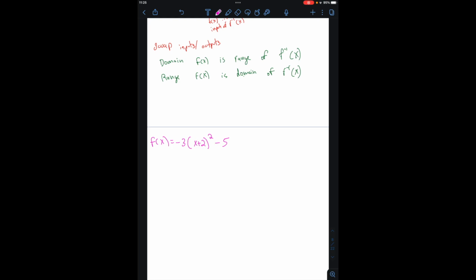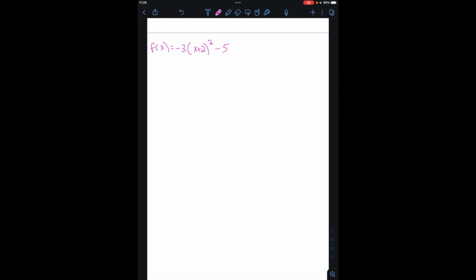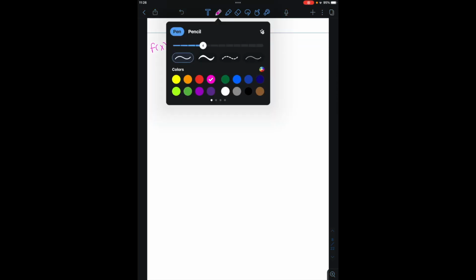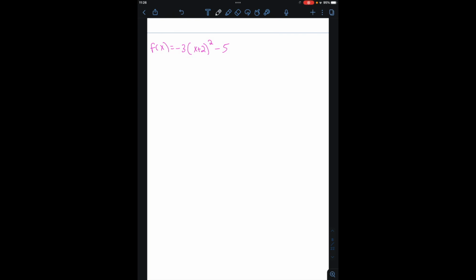Okay, and so this function, right, if we were to graph this, x + 2 shifts us left 2, down 5, so our vertex would be at (-2, -5), and then -3 means our function's facing downwards. So here it goes, okay, and then I have some set of axes, something like this, right? And that's not the most accurate picture in the world, but it's okay.